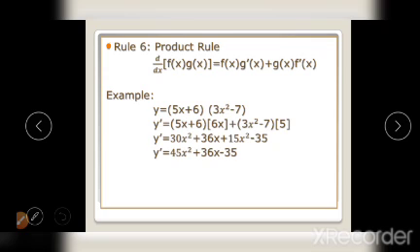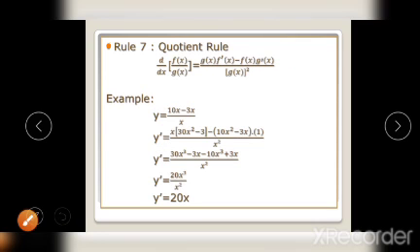So y prime equals 30x squared plus 36x plus 15x squared minus 35. So combine like terms, we have y prime is equal to 45x squared plus 36x minus 35. So this is the final answer.